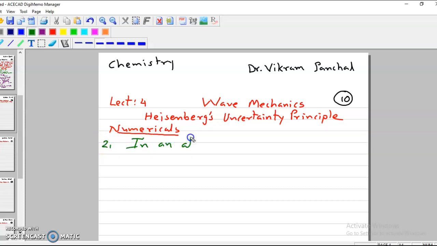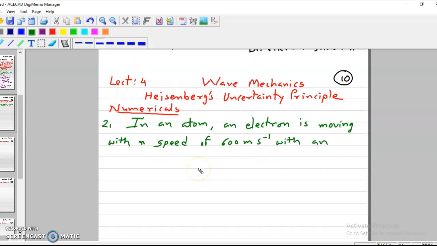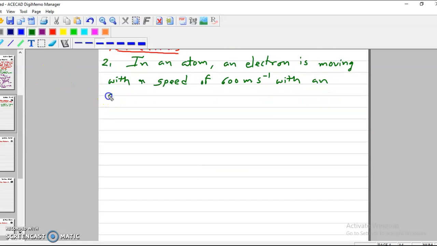In an atom, an electron is moving with a speed of 600 meters per second with an accuracy of 0.005%.